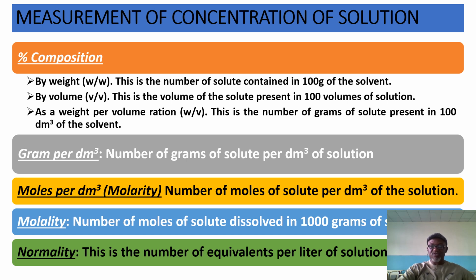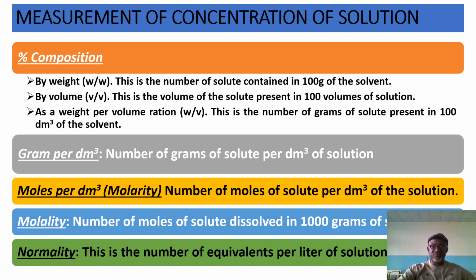But since we are looking at solutions that have solute and solvent, we can also decide to take the girls and the boys and call one solute, call the other one solvent. Let's assume the girls are in excess or more in number, we say they are the solvent and the boys the solute. Now it means I can decide I want to know the strength of the girls and the boys. So this is how we do that.